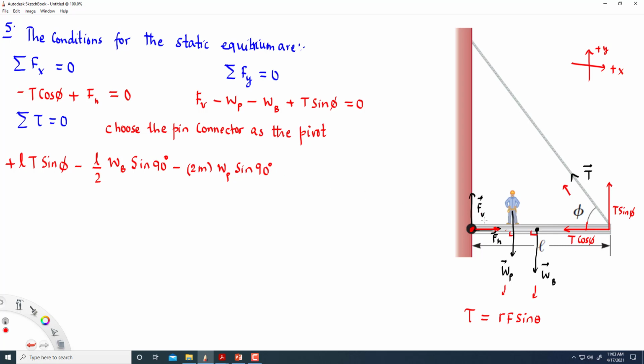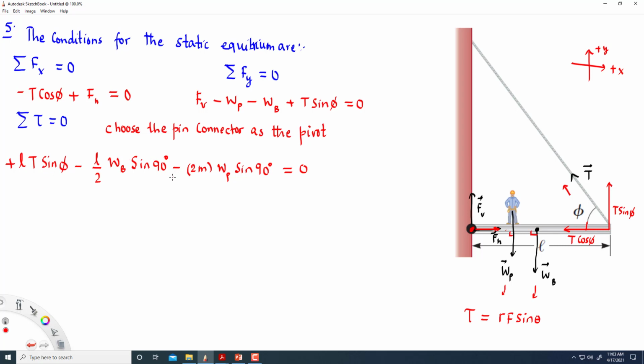And then Fv and Fh do not produce any torque because the distance between the forces and the pivot is 0 in this case. So R is 0, that means tau is 0. So that is equal to 0.